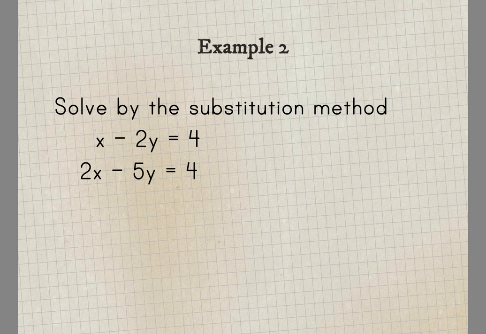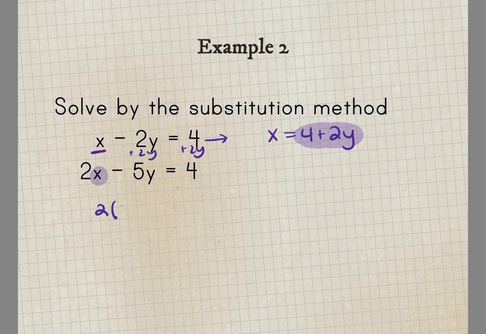Okay, example 2. Again, looking at these two equations, see if there's a variable that is isolated or does not have a coefficient, and x is by itself. So I'm going to take that first equation and solve it for x. I'm going to move the 2y to the other side by adding it, and I get x equals 4 plus 2y. Then I'm going to take what x equals, and plug it in the place of the other equation's x.